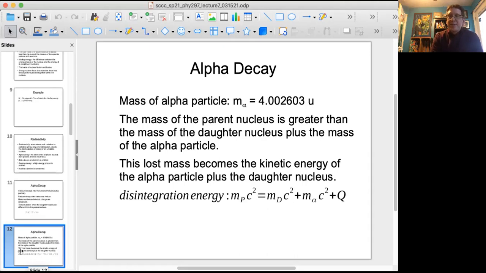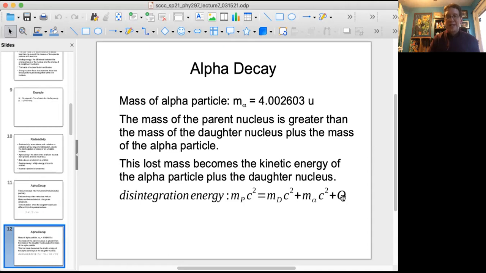Momentum is going to be conserved. So if you assume the particle was at rest initially, or you define a reference frame where the parent nucleus was at rest, then the momentum vectors of the daughter nucleus and the alpha particle are going to be equal and opposite, because the total momentum is going to be zero. And from that, you can figure out the relative kinetic energies of each. But you still have an additional Q value.